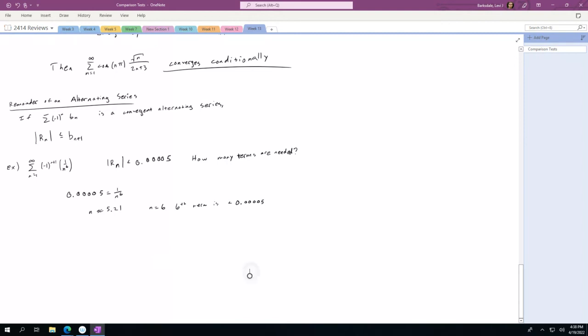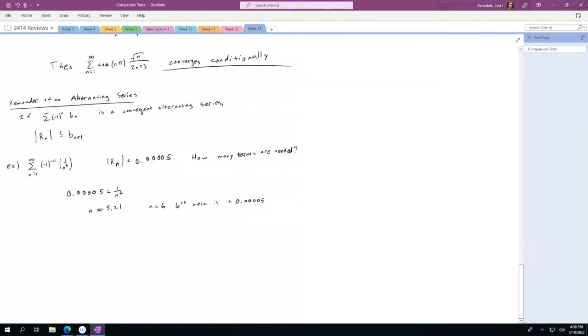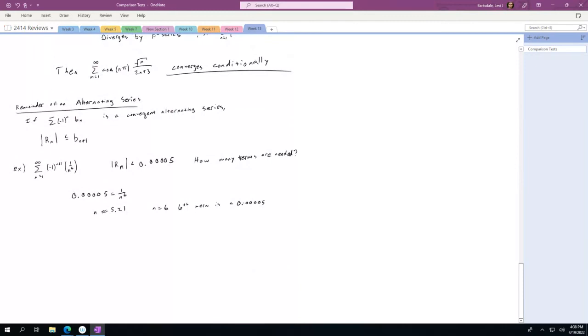Because the 6th term is smaller than the error we want, the size of the 6th term would have to be smaller than our 0.00005, which means that the overall error would then be smaller than that.